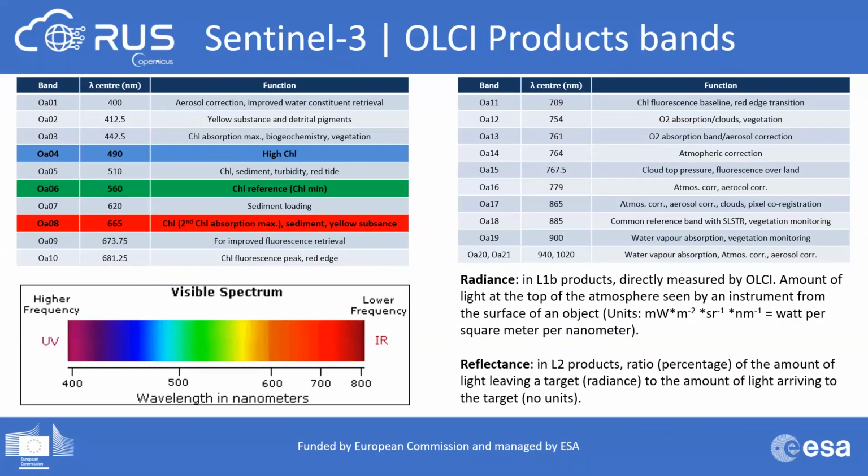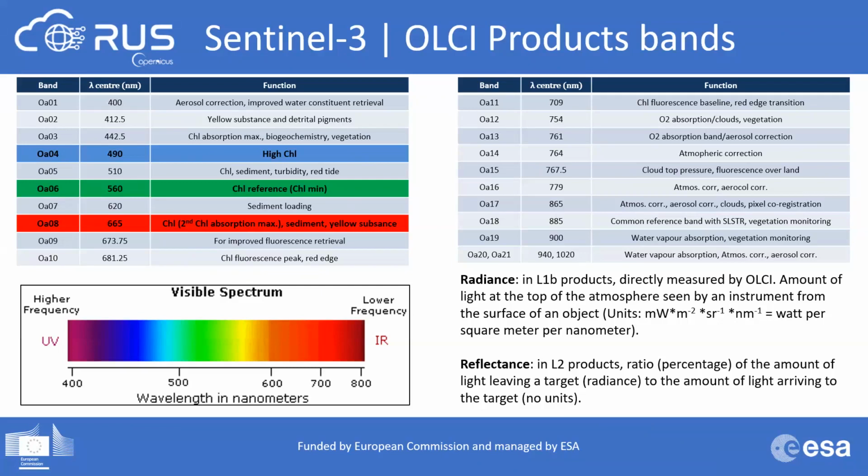I also have highlighted a set of 3 channels that are commonly used to generate a red, green, and blue visualization of our product. So we will use these channels later in the webinar. I will also show you how to generate another RGB view using a different combination of OLCI channels.